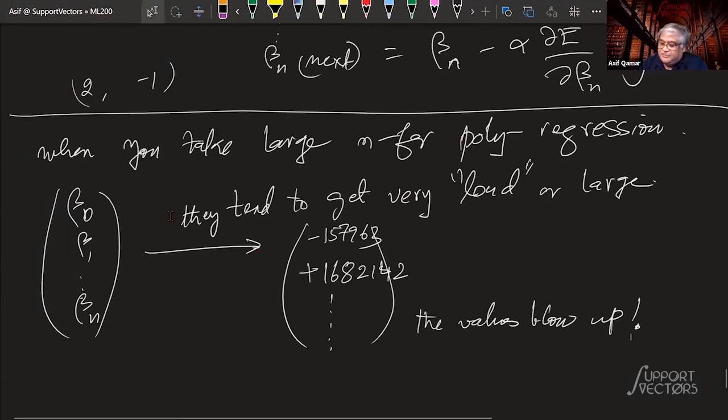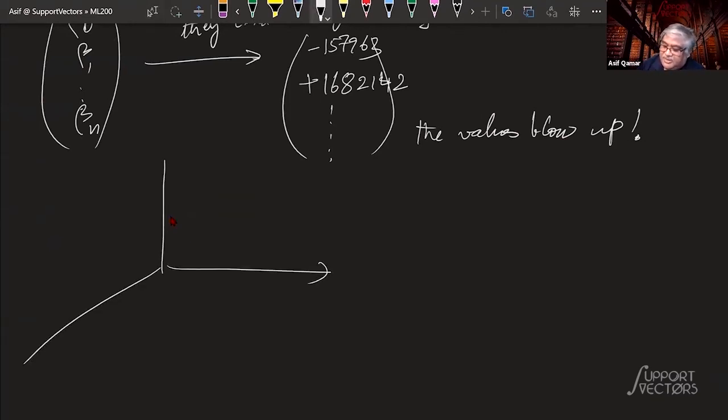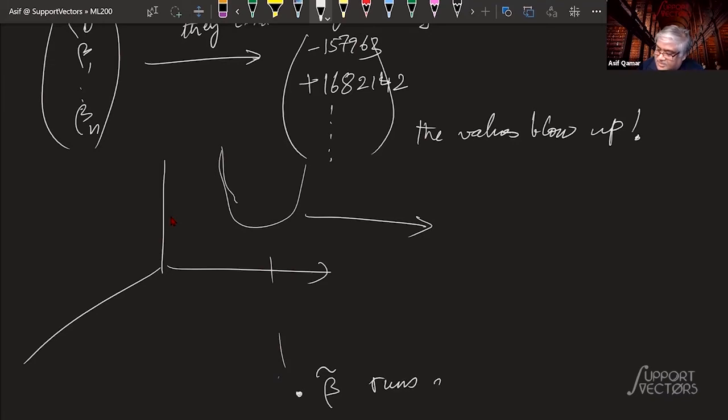Geometrically, and I won't give a proof of this, just take it as a fact that this happens. So what does it mean in real terms? It means that if you look at the error surface, it just runs away. The minima here is very far from the origin. That's the problem.